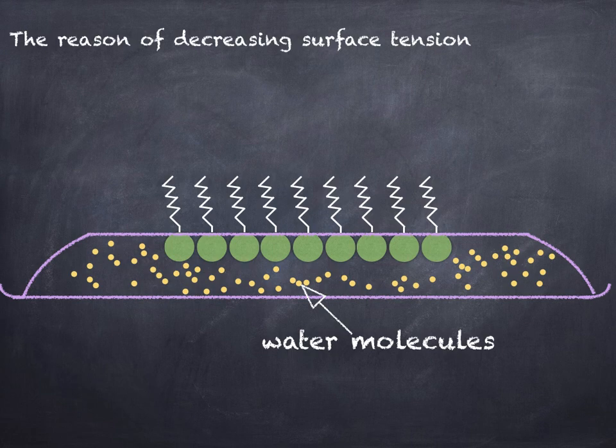So when we drop the detergent into the water, the hydrophilic part is easily immersed in water, but the hydrophobic part is more willing to stay in the air than in the water, so they are arranged upright on the water surface, and the surface tension transforms from water-air into surfactant-air.